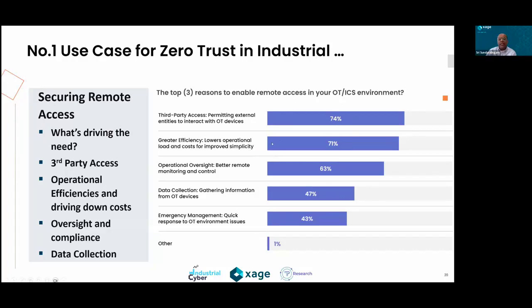And then your point on improving the efficiency, I'm glad to see that being the second response as well, because if you can do this remote access in a very secure way, you can also enable collaboration, where you can bring in experts from all different parts of the world to help you fix problems a lot quicker and restore your plant.